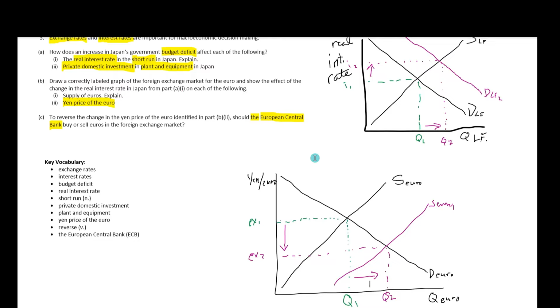Market for loanable funds, definitions like budget deficits and surpluses, real interest rates, the effect of interest rates on investment and aggregate demand, and then, of course, the last half of the question, which is related to the forex or foreign exchange markets. And like I said earlier, drawing a few of those graphs will help you to understand what's going on, and you'll be able to draw them much more quickly in the exam.